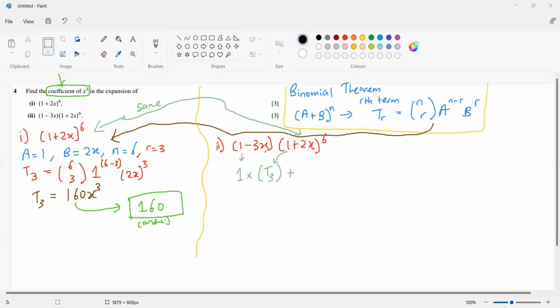Plus, from this side, it's going to be just negative 3x, because the power of x is already 1. That means here I must choose term 2 from this expansion. Can you see that? Because power 2, x squared, times x gives x cubed. Term 3 automatically gives x cubed, here constant.